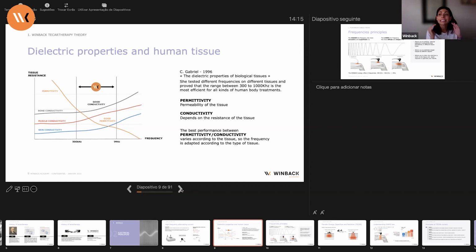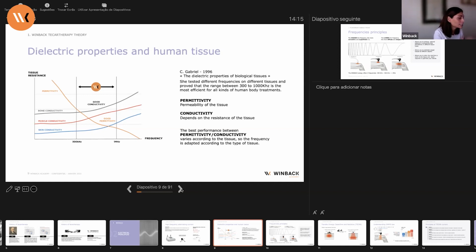But another thing that is really important is the permittivity, the ability of the tissue to permit the current to pass through it. So in this graphic, we can see that the permittivity is completely the opposite of the conductivity.